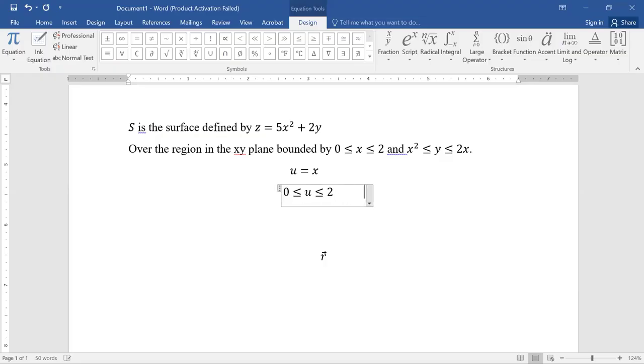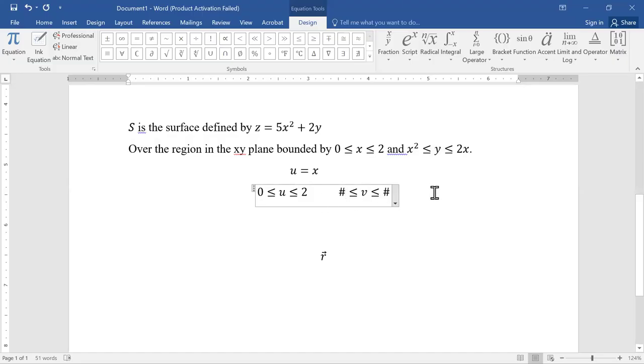However, we want a numerical bound for our v. So I can't let v, for instance, go from u squared to 2u by letting v be equal to y. I'll have to be a little bit clever about it.